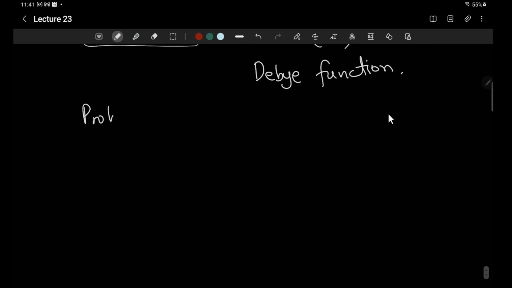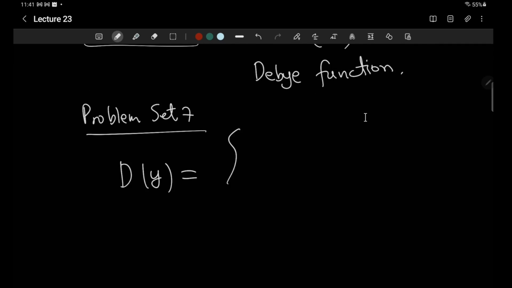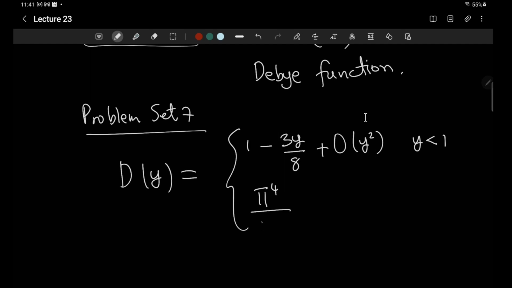So problem set 7. We were asked to show this: 1 minus something for y less than 1, and it goes like y cubed plus something.